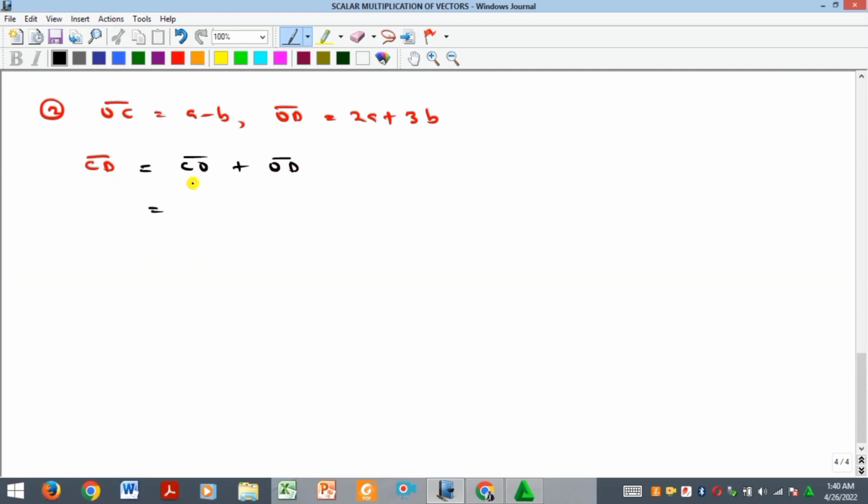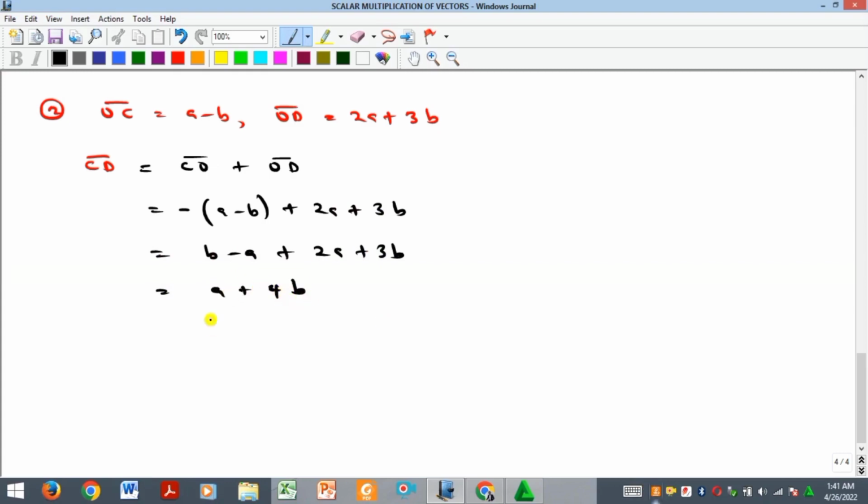I have OC, but what I need here is CO, and CO is just the negative of this, so that's going to give me minus A minus B, plus, while my OD is 2A plus 3B, and that's simply going to give us B minus A plus 2A plus 3B. If we bring everything together, we will have A plus 4B.